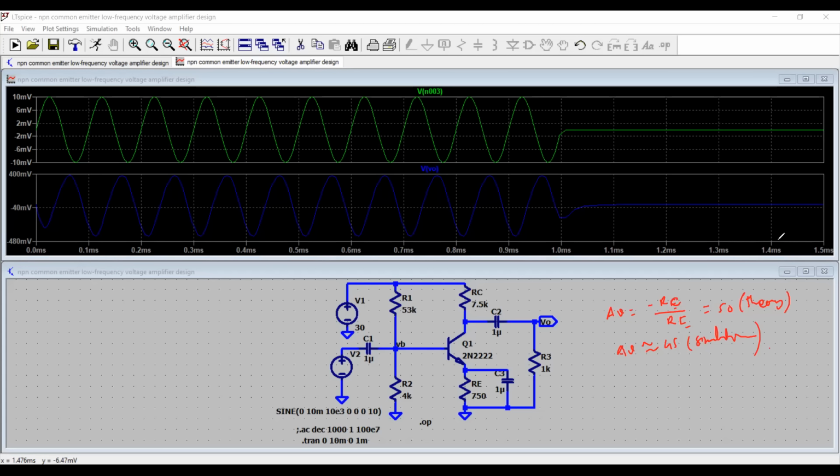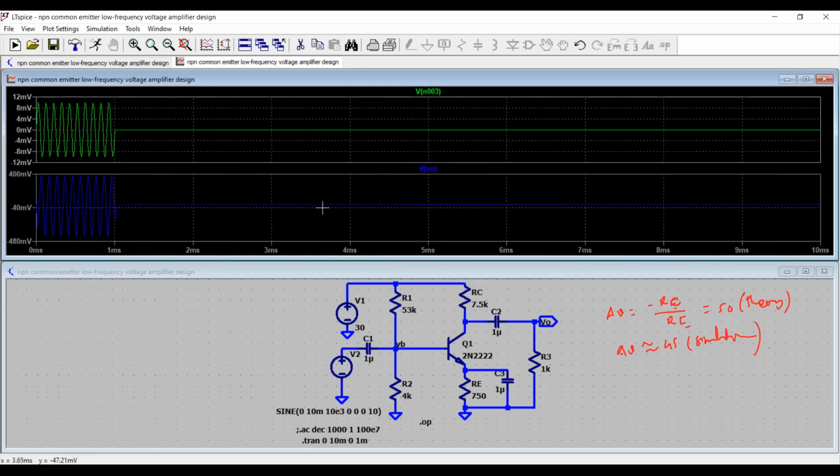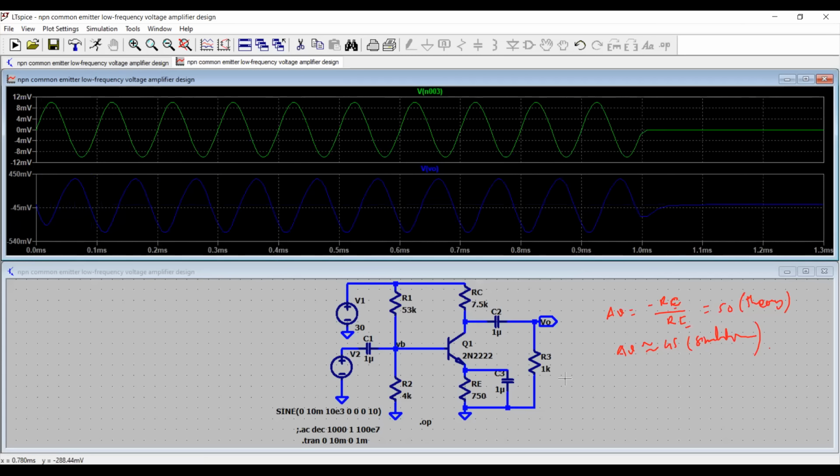Now you have to see a little bit of difference here, that the output waveform is a little bit tilted, not exactly a pure sine wave, but that is most likely due to the values of the capacitors we have chosen. So here we are done with the amplification.